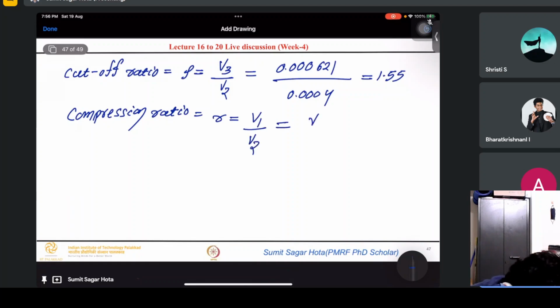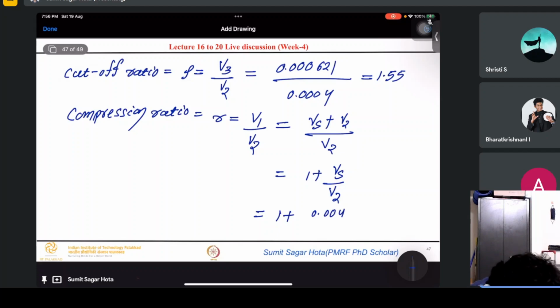What is V1? Vs plus V2 divided by V2. So 1 plus Vs by V2. Okay. 1 plus, what is Vs? 0.004418 divided by, what is V2? 0.0004.